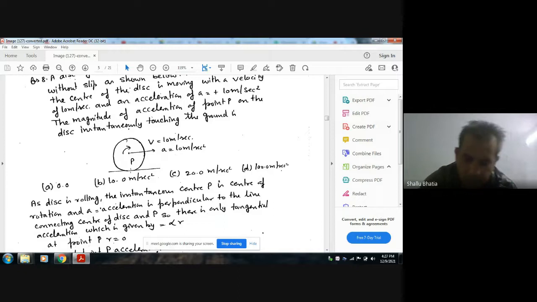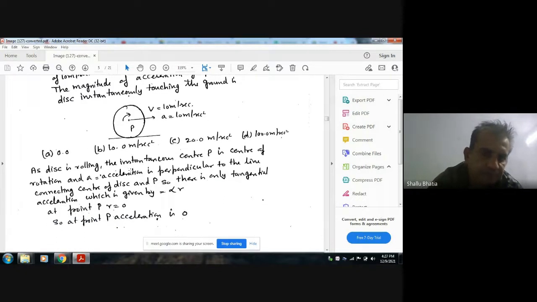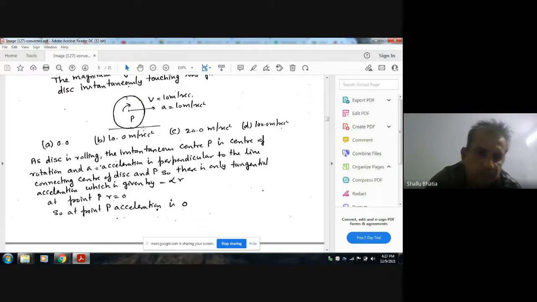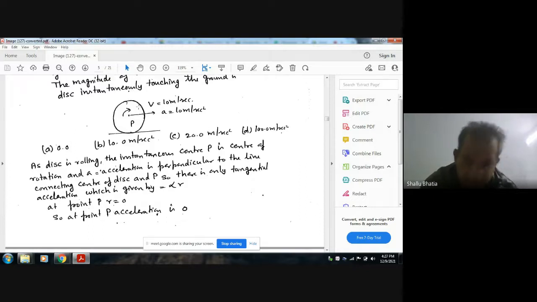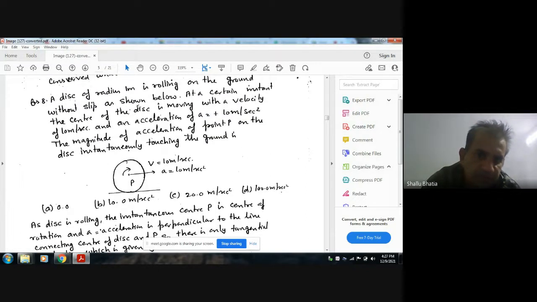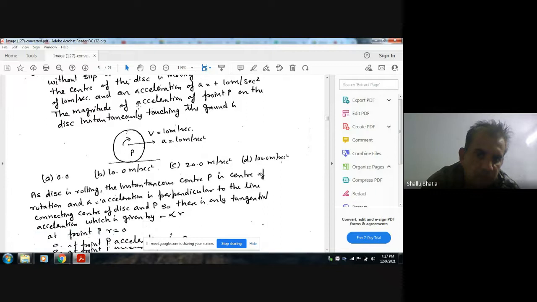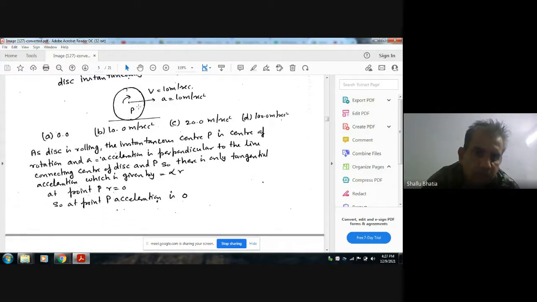So at this point, the center is having a velocity of 10 meters per second here, and the acceleration is given as 10 meters per second squared, in the direction of motion, in the horizontal direction.